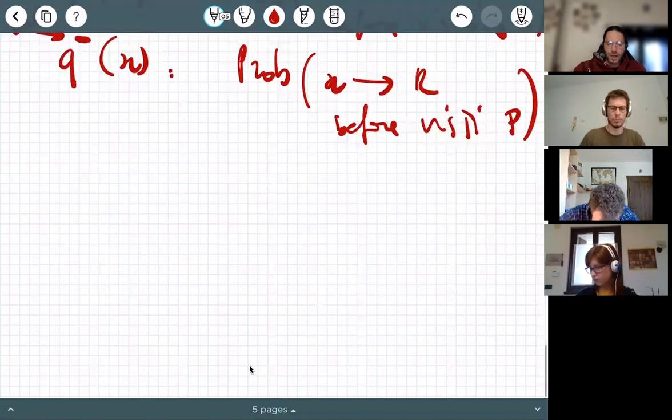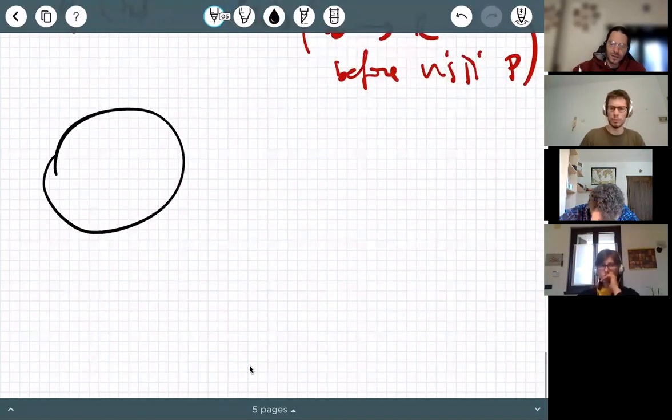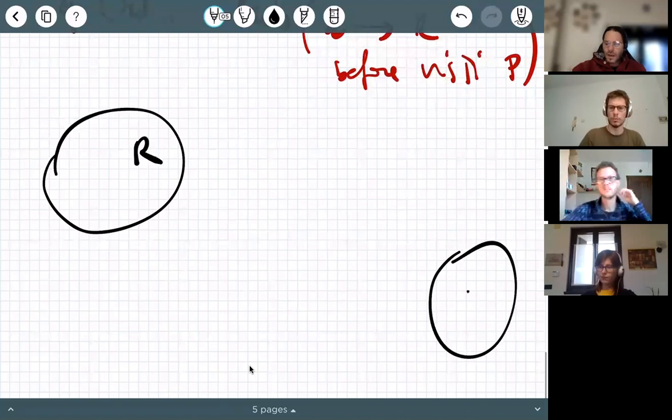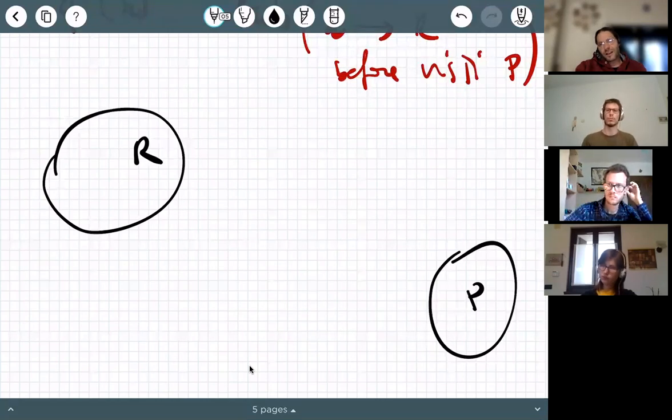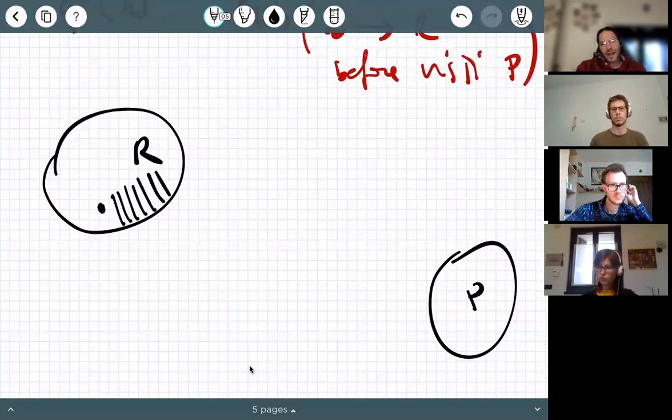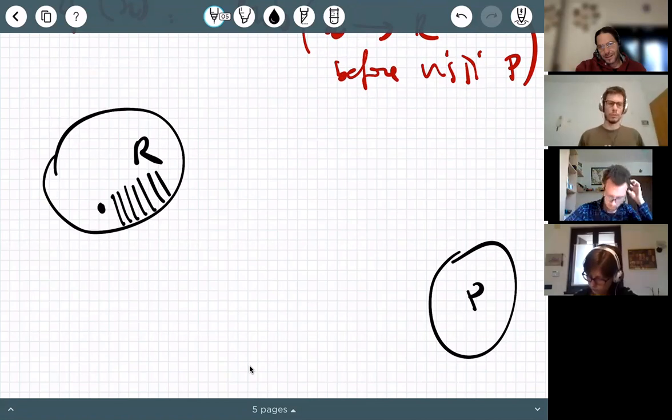Just to visualize this, I have my reactant state and product. Clearly, at least in R and P, this definition is trivial. The forward committor function is 0 here because all points are already in the reactant. So at any time, they will visit the reactant before visiting the product, starting from x. And for all points here, the forward committor is 1.